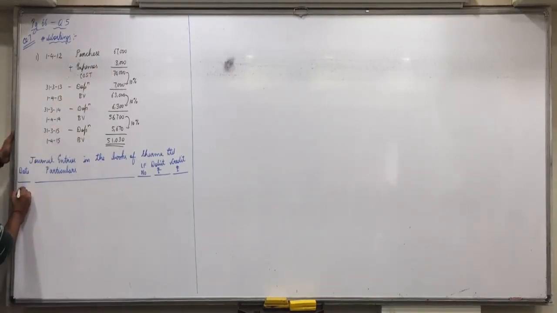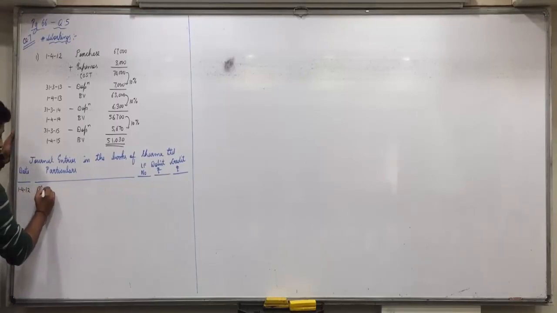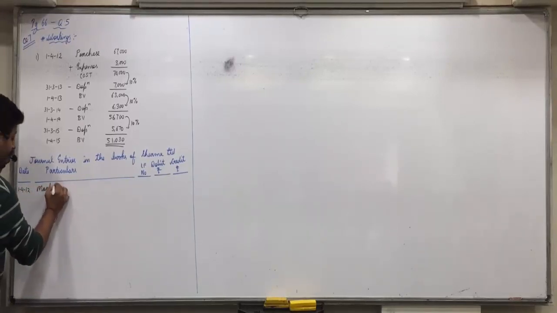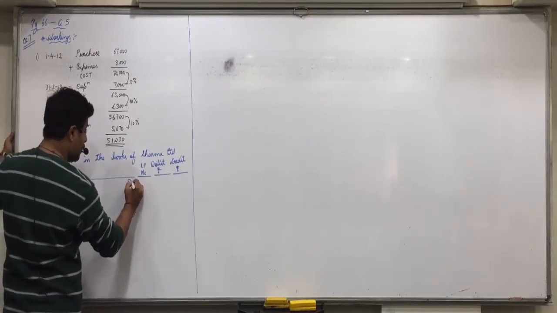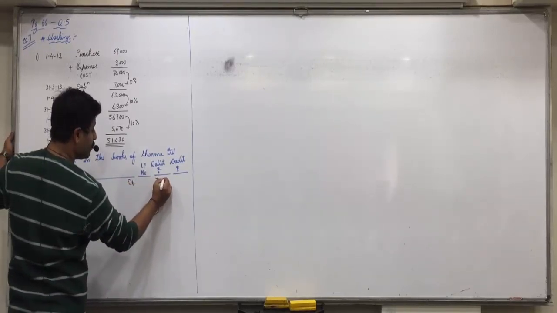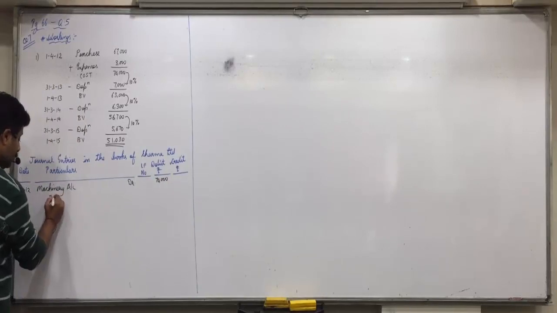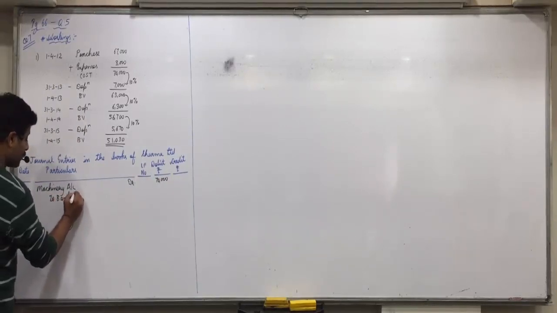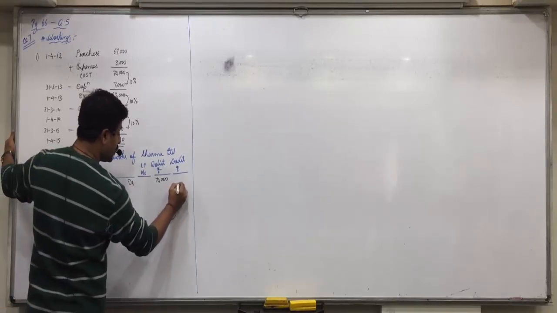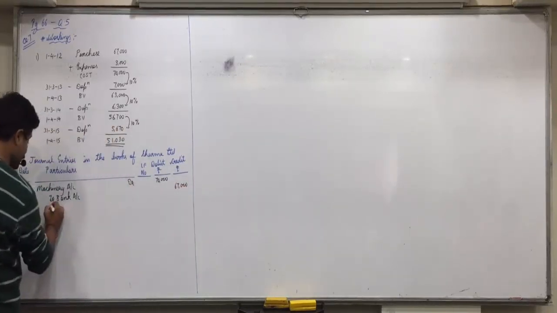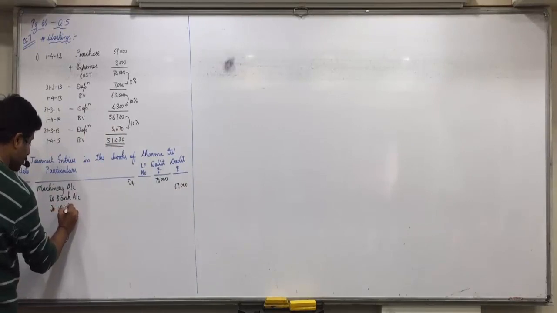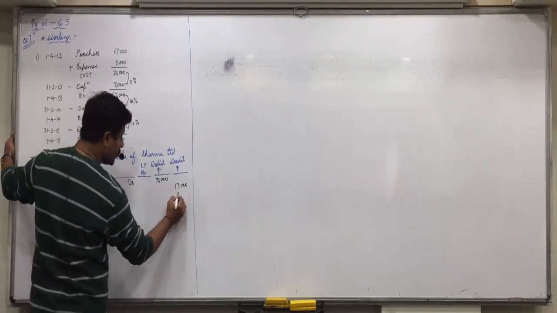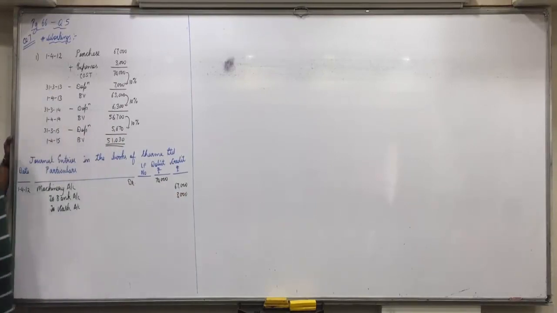Write down 1/4/12. Machinery account debit 70,000, to bank account 67,000, to cash account 3,000. Being machinery purchased and paid installation expenses.